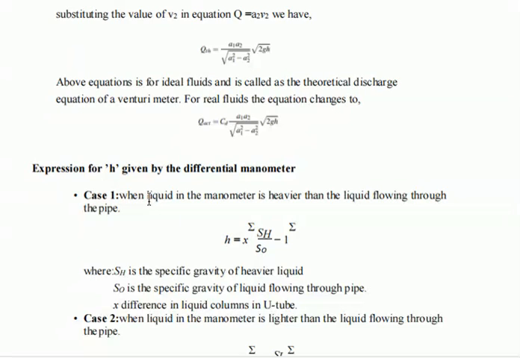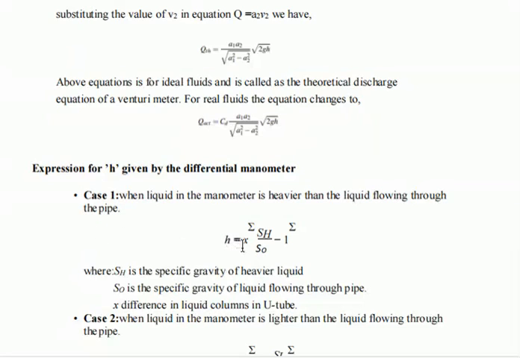The two liquids should always have different densities. If water is flowing inside the pipe, we use a different liquid in the manometer. If mercury is flowing inside the pipe, then in the manometer we should use water, so that the densities of both fluids are different. So this is the first case, when the liquid in the manometer is heavier than the liquid flowing through the pipe.